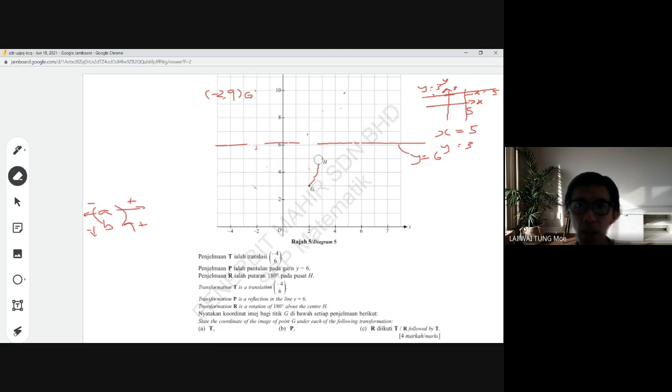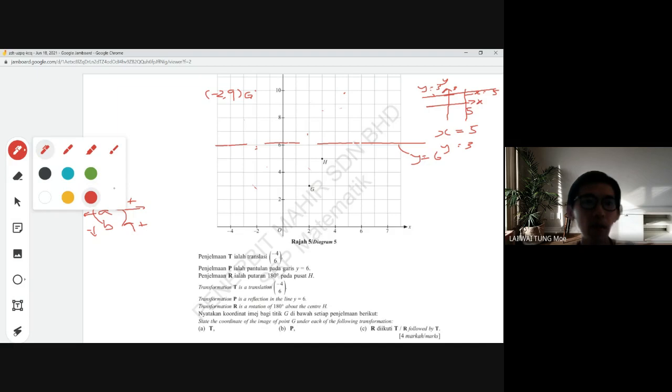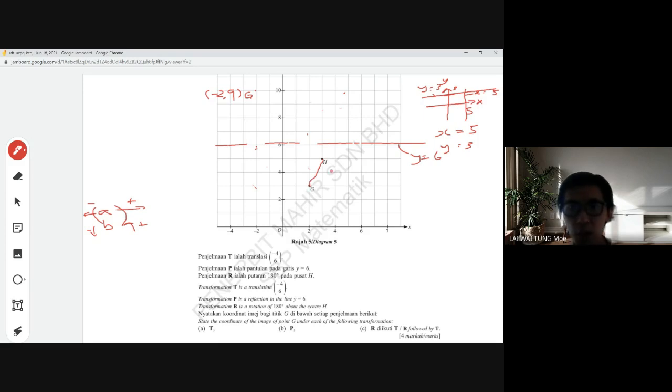Draw a straight line from H to G. My hands are shaking. Just assume this is a straight line. So G to H.